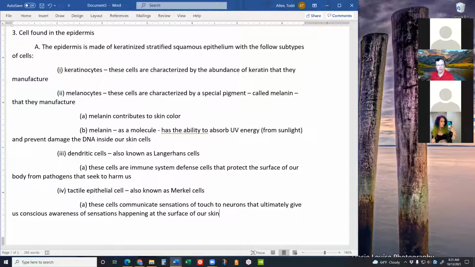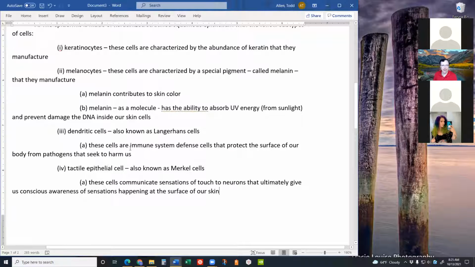Folks, I want to come back to this idea of cells in your epidermis being part of your body defense. We just said that dendritic cells, which are also known as Langerhans cells, are part of your body's defense. And so I have a video about the immune system and how it operates in the skin, and I'm going to run this video and show it to you.